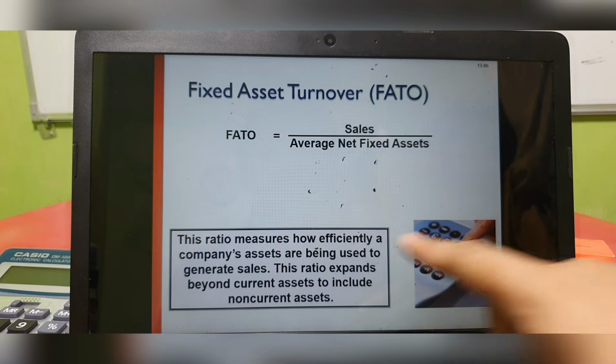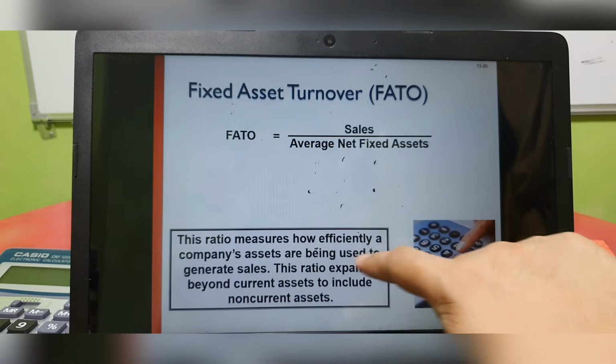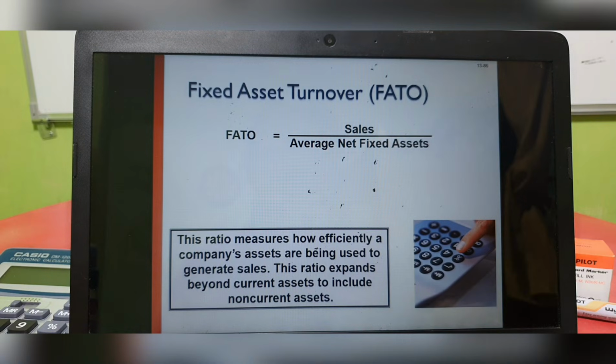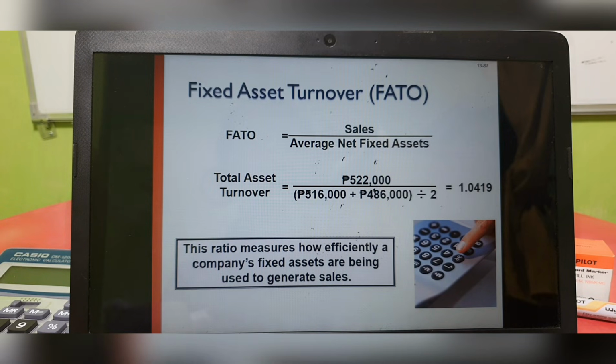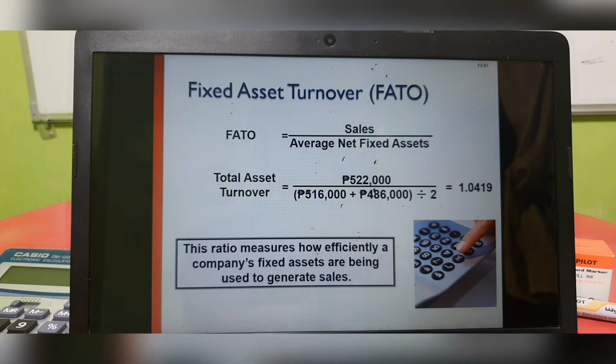Because that will tell us how efficiently we are using yung ating fixed assets to generate our sales. So, ang ating sales is still 522,000. Tapos, yung ating fixed asset, natabunan lang, wait.